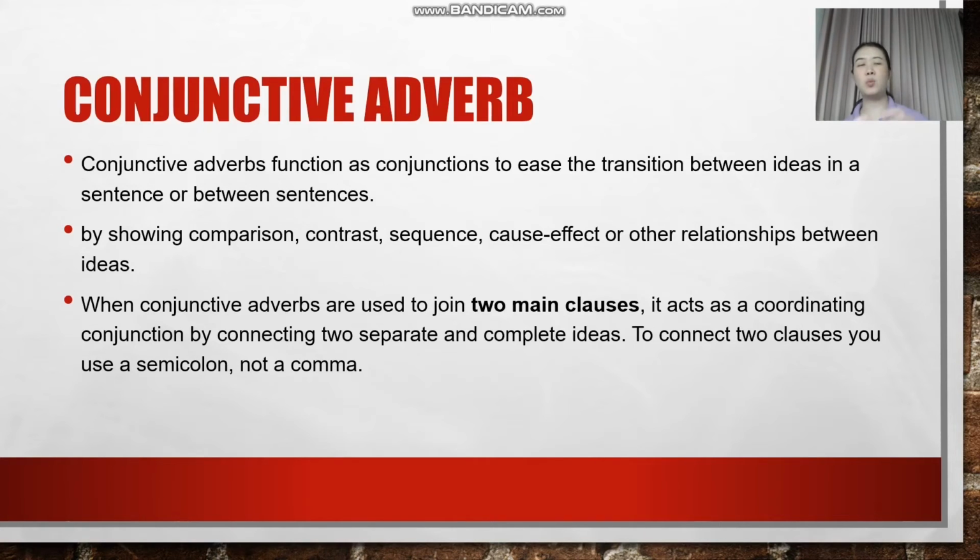So when we are talking about the conjunctive adverb, it's pretty similar to conjunction, that is to join two ideas, two clauses together, but it's a little bit different for the punctuation. We normally use the comma in order to join two clauses together, but if it is a conjunctive adverb, that will be the semicolon, just like this.